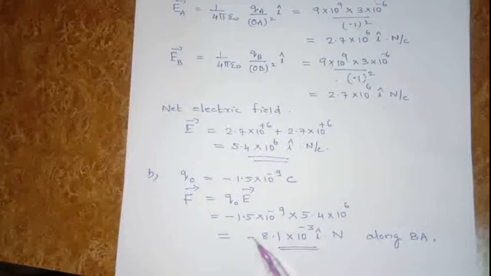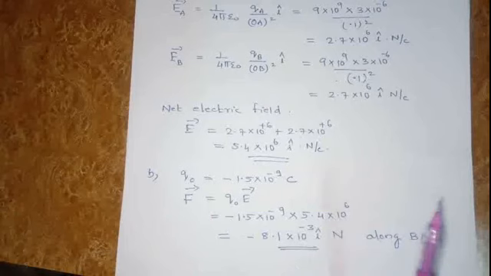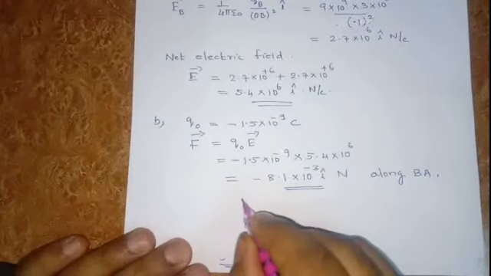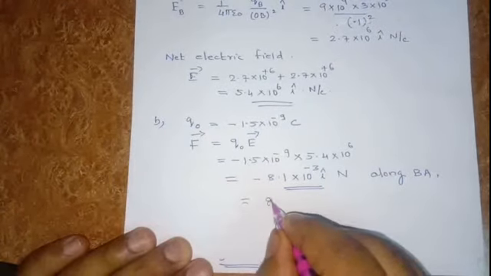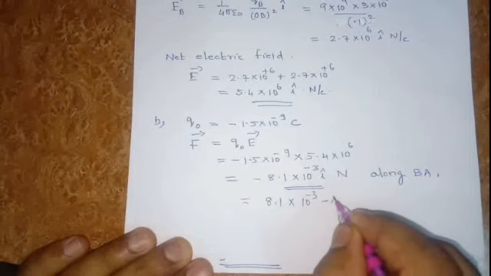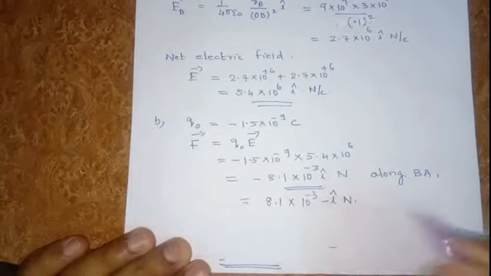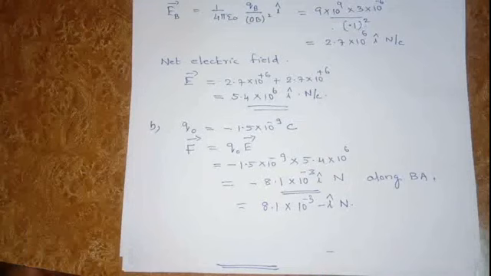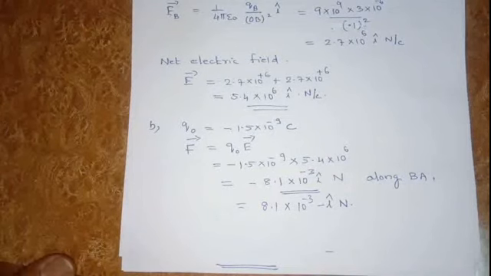Multiplying we will be getting -8.1 × 10^-3 i newton. The negative sign indicates the force is in the direction opposite to i. Actually, we can write the magnitude of the force is 8.1 × 10^-3, and the direction is -i newton. That means the force experienced by the negative charge is opposite to net electric field.